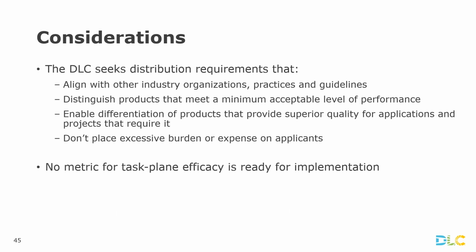There are no new threshold requirements in the distribution policy. We did look at metrics for task plane efficacy, for example, but decided there are none yet that are ready for any implementation.